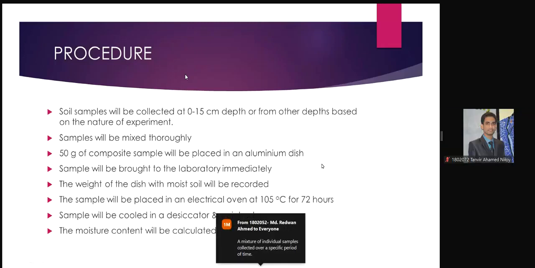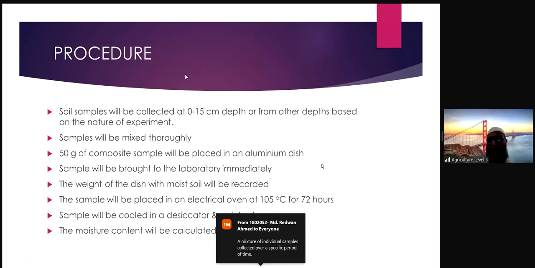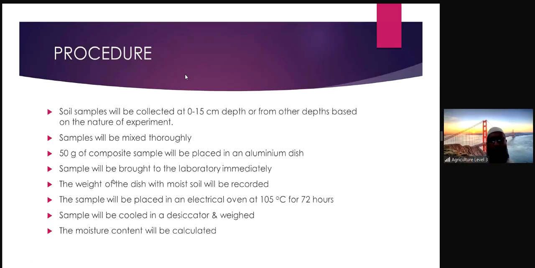To get a sample that could be a representative sample of a target field. So for that reason, we do compositing.